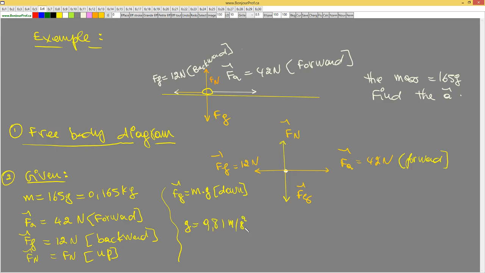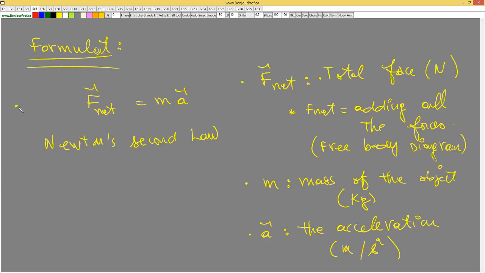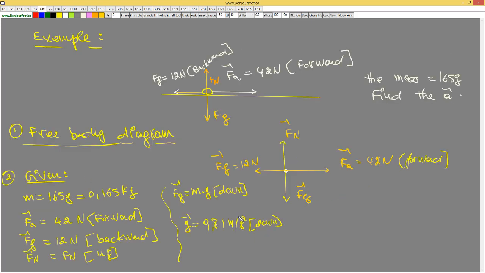This is the acceleration, you remember, down. So the force of gravity is always the mass times g. It is not given in newtons yet; Fg equals mass times g, down.